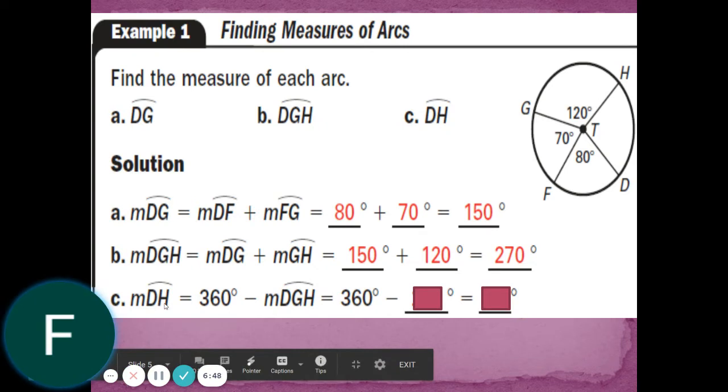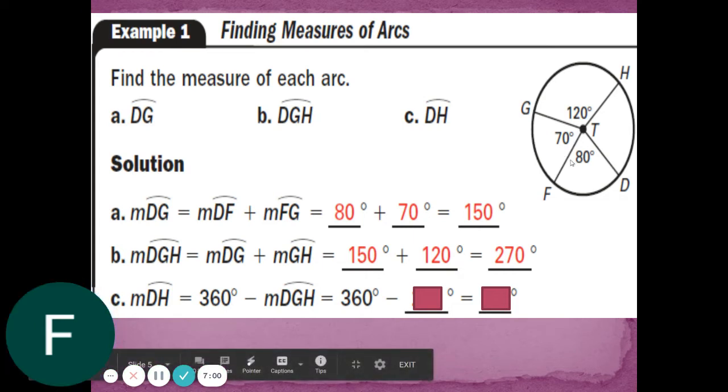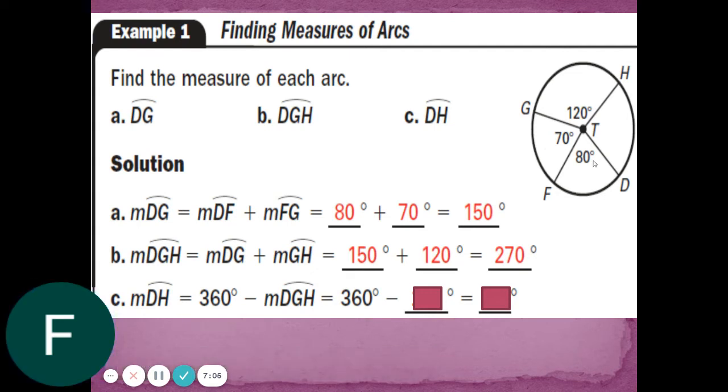And now we're going to go into our last one here, where we're asking for the measurement of the minor arc DH. So DH is the only one that doesn't have a measurement to it. So we're going to take 360 degrees, which is the total measure of a circle, and subtract that major arc DGH, which we just found to be 270 degrees.